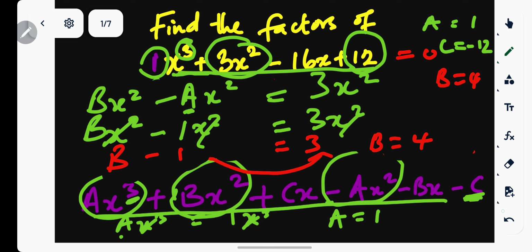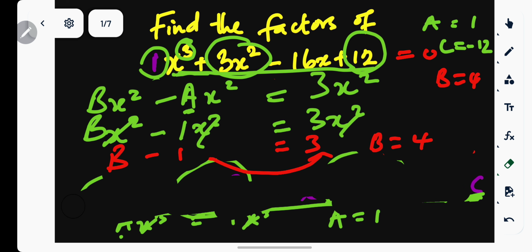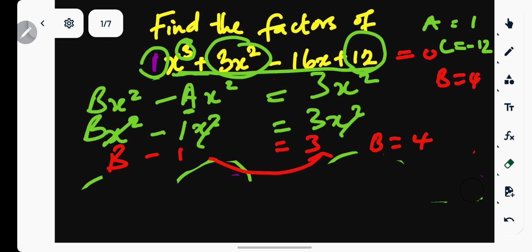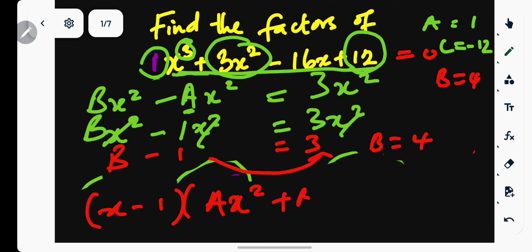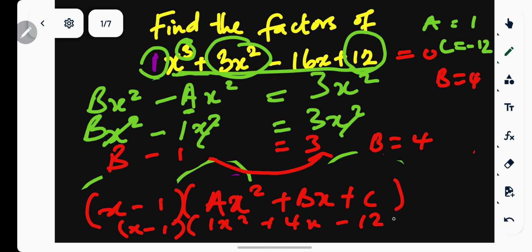Now I go back to replace these 3 letters into the original one that I wrote down. Remember we got the first factor x minus 1, and we're left with ax squared plus bx plus c. Now we know the value of a, so this will be x minus 1 times a is a 1, so 1x squared, b is 4 plus 4x, c is negative 12 minus 12.